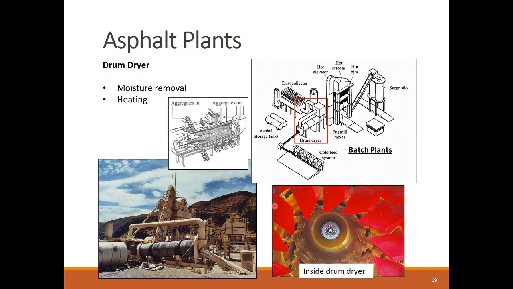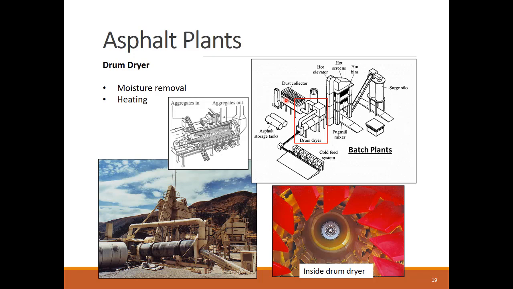Inside the drum dryer, the aggregates are tumbled through a stream of hot air. The drum has steel angles to move and mix well the aggregate. The hot aggregate is carried by the conveyor to the top of the batch plant tower, while the exhaust air goes through the dust collector.